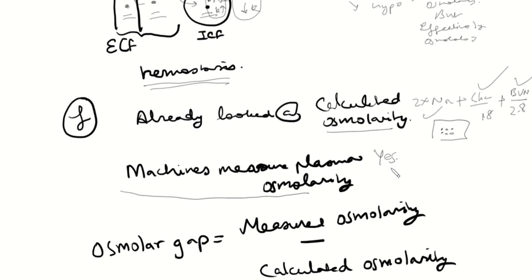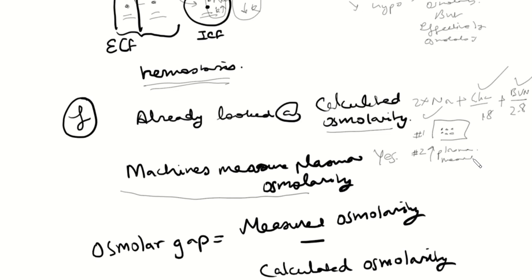And so that's one, right? The second concept is, well, if I ingest a lot of alcohol, what does that do? Or I drink some methanol, what would that do? Well, what it does is it increases the plasma osmolarity that is measured.